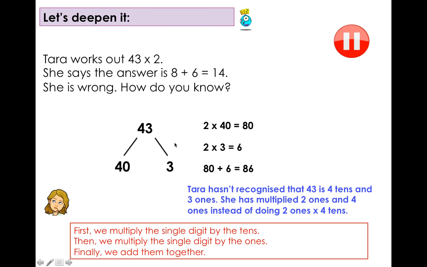Also, if we look at her answer of 14, we know that that can't possibly be right for the answer to 43 times 2, because the answer is smaller. So we know that she's made a mistake there by multiplying 2 ones and 4 ones instead of 2 ones and 4 tens. So that's really important to remember.